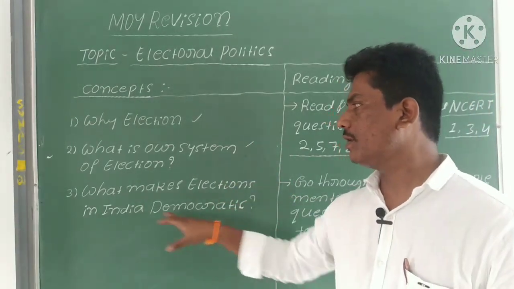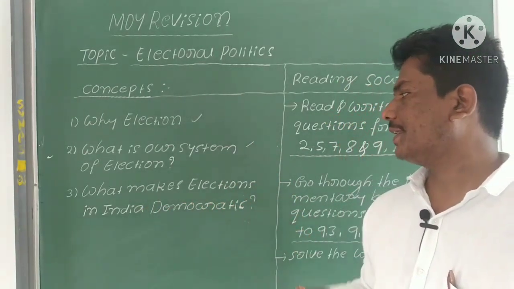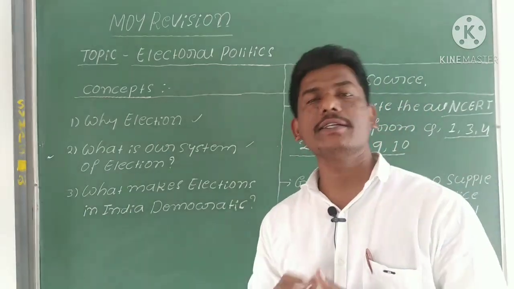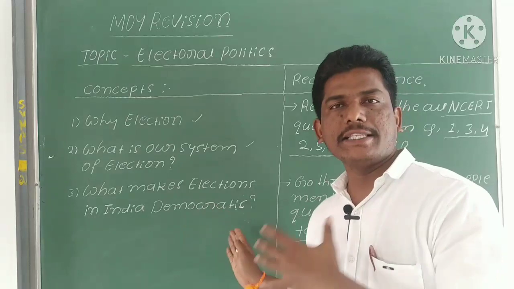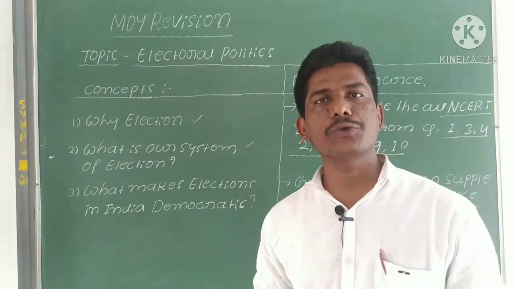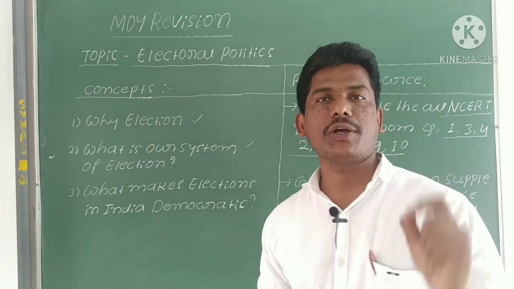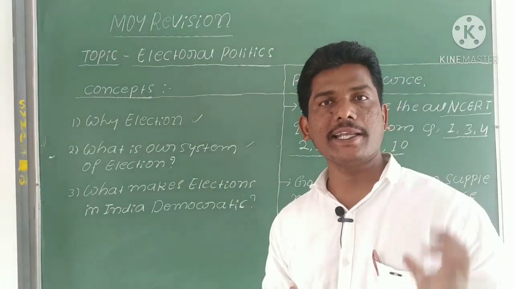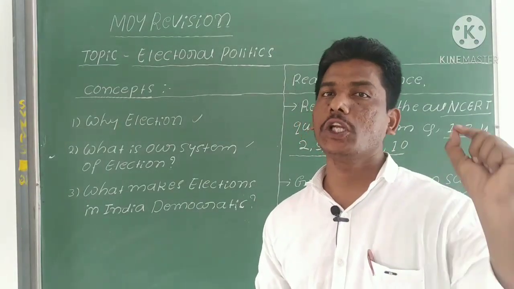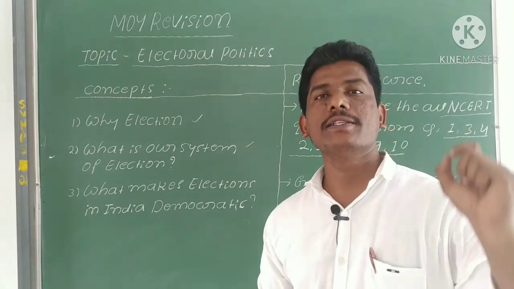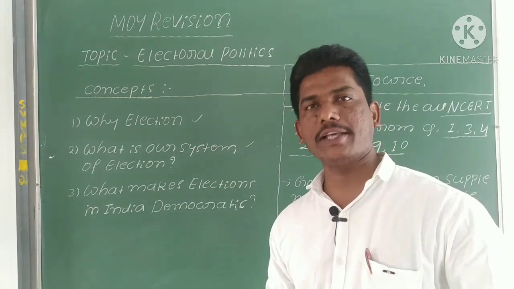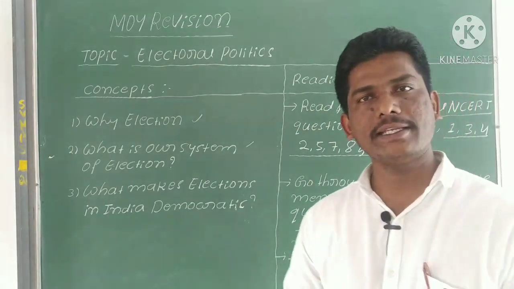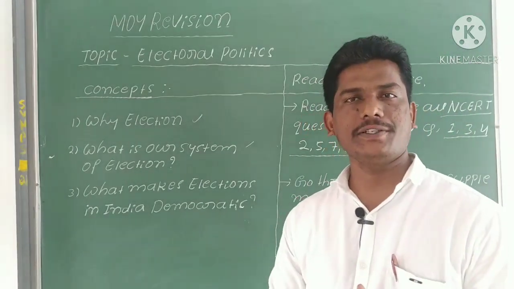The last one is: what makes election in India democratic? In this concept, please remember the Election Commission, and how it conducts the elections to the Lok Sabha, or the general election, as well as to all the state assemblies in India at regular intervals.